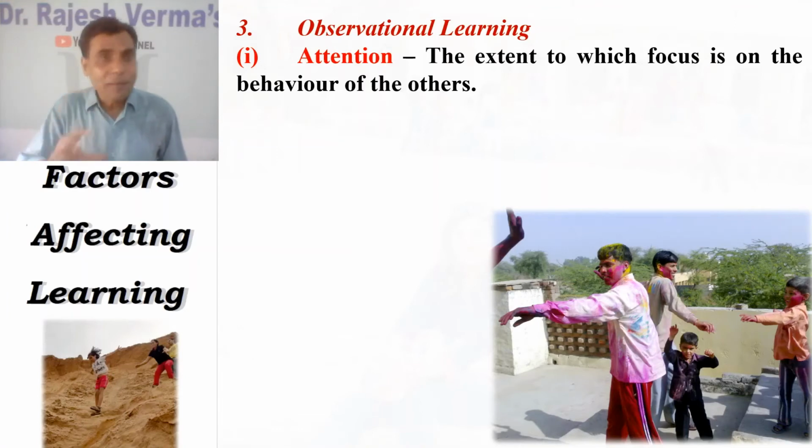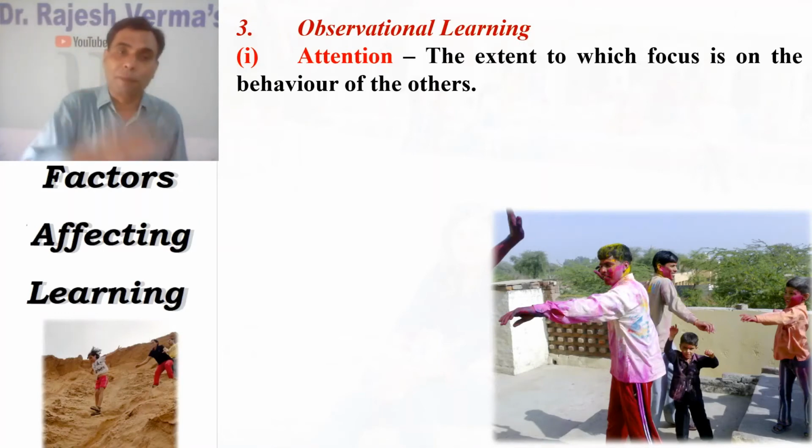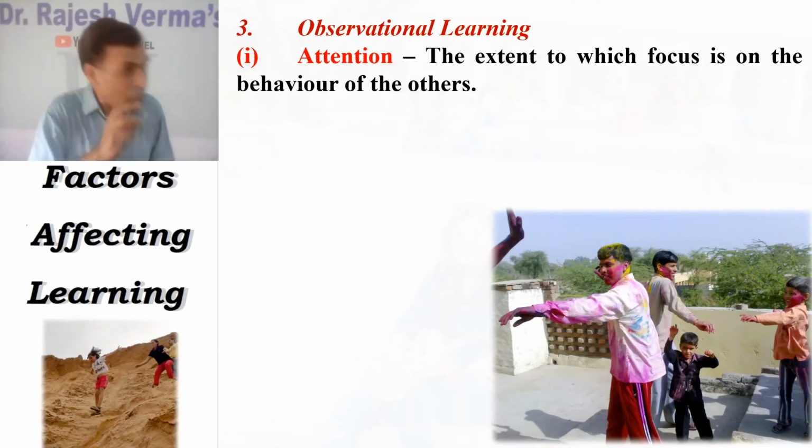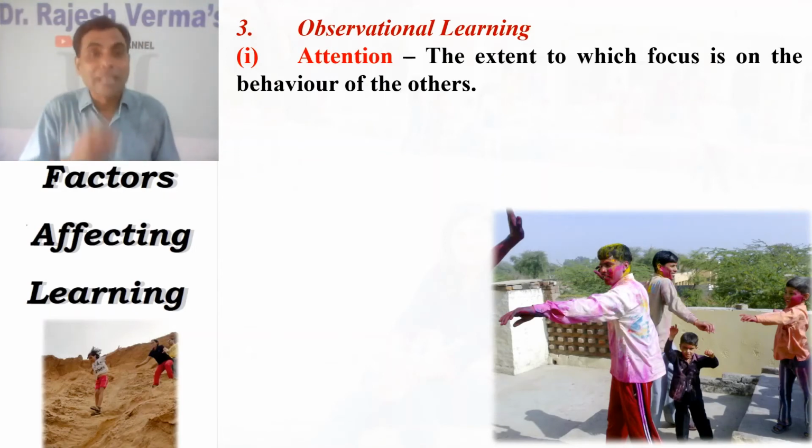This is very important because children learn more with observation. What their role models, their parents, their family members are doing, they just observe and then put that behavior into practice. So it's a very important one.